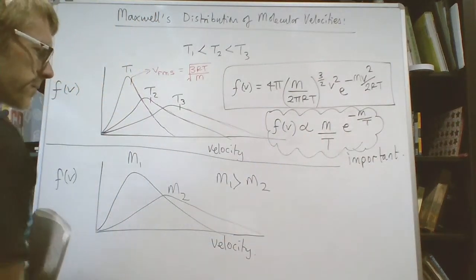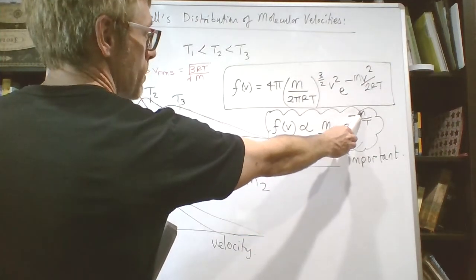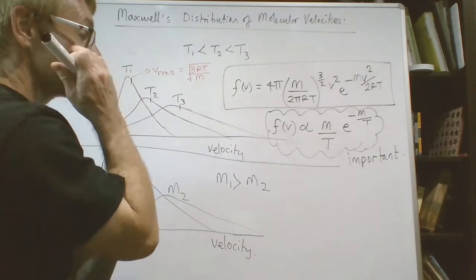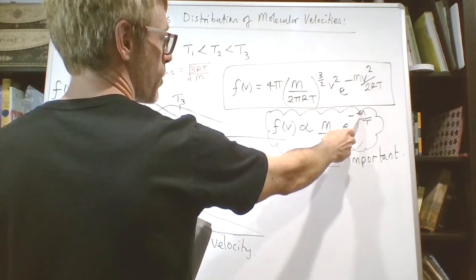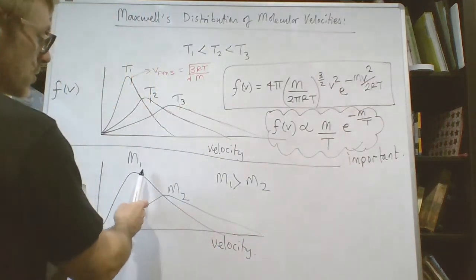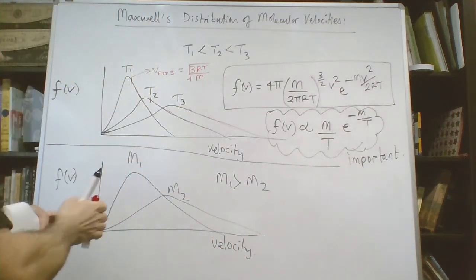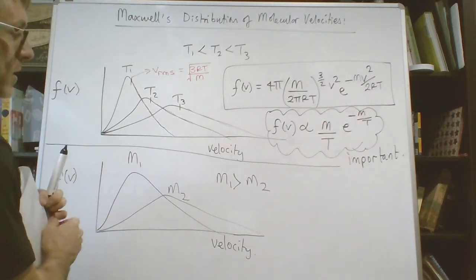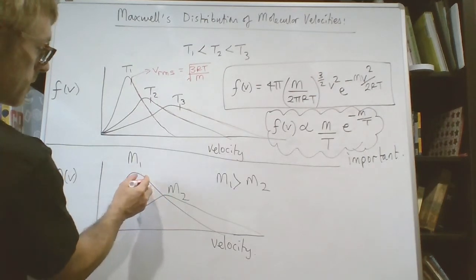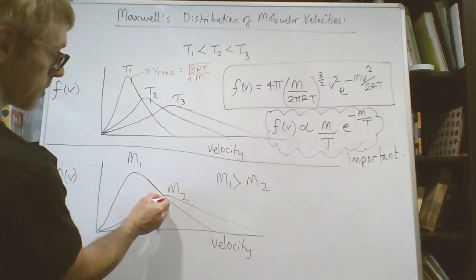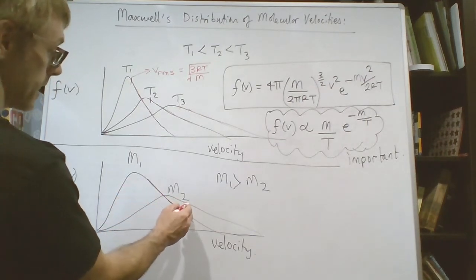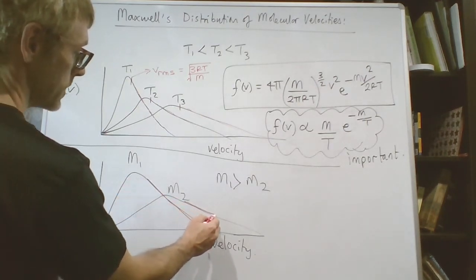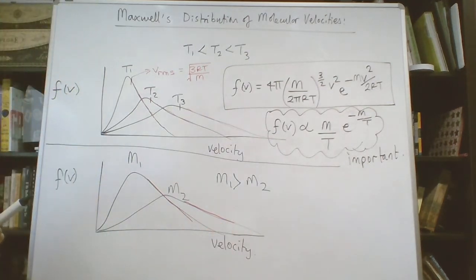Also, if we look at mass in the decay here, as the mass increases, the mass is proportional to a decay, so the slope would increase with a greater mass. So the slope of the greater decay of mass 1 is greater than the slope of the lower mass M2.